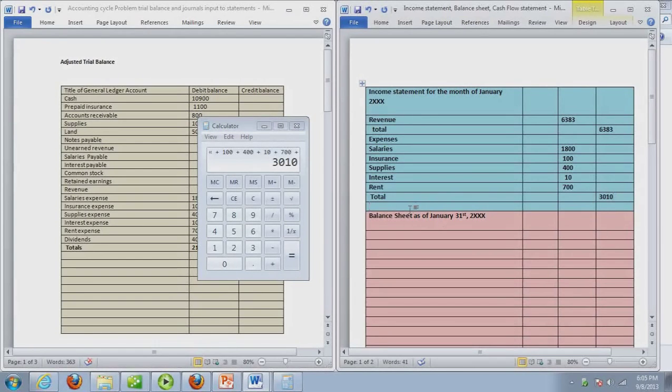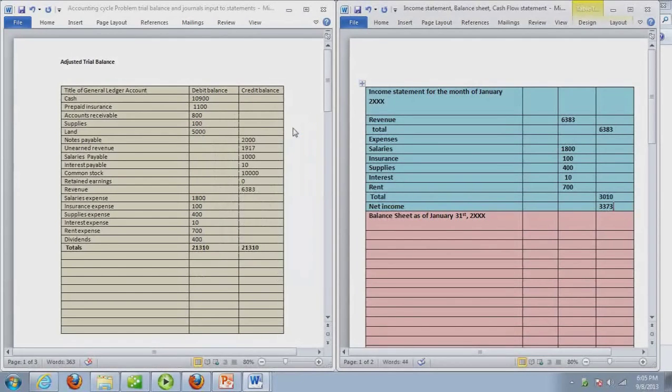Looks like we have a net income. Good news. Or net earnings. So we will do the math for that as well. Revenues minus expenses. 3373, and we'll hope for the best there, that that's correct. Okay, so that's your income statement.